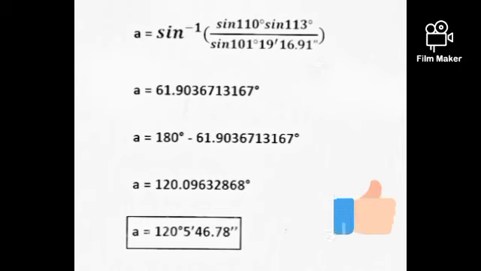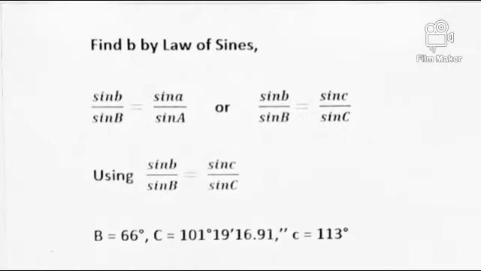Now 110 degrees angle A and 120 degrees for small a now terminate in the same quadrant, second quadrant. Pressing the key in your calculator for degrees, minutes, and seconds, the final small a is 120 degrees, 5 minutes, and 46.78 seconds.